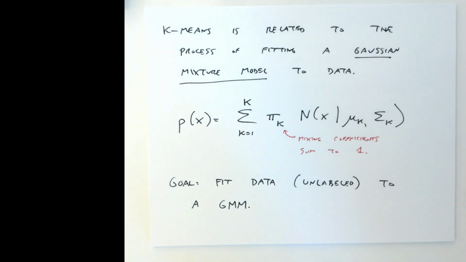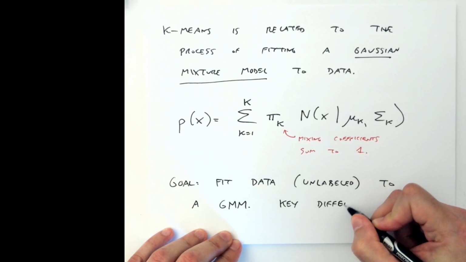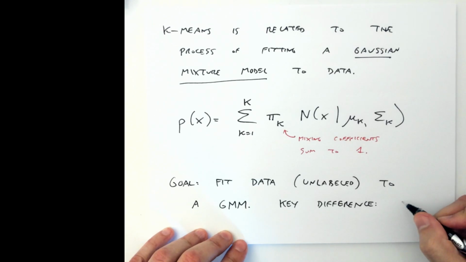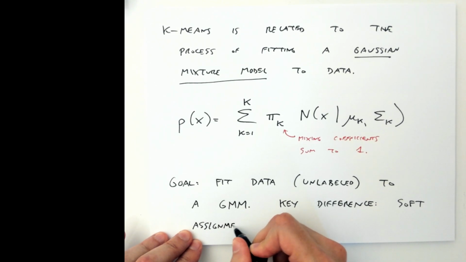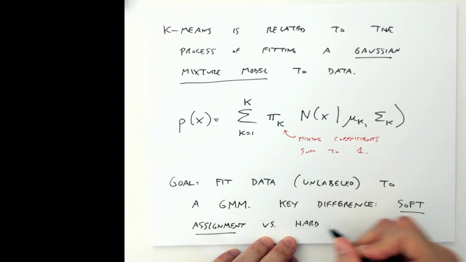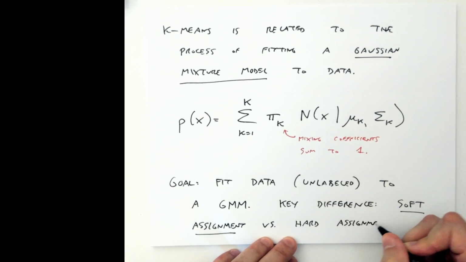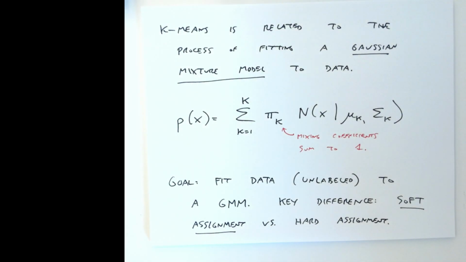And so the key difference, which I just said in words, is that we're really doing what's called soft assignment versus hard assignment. And we're definitely going to come back to this concept when we talk about things like logistic regression in a few weeks, where the idea is that we're implicitly assigning a probability vector to every point that says, what's the probability I came from each of these distributions, okay?